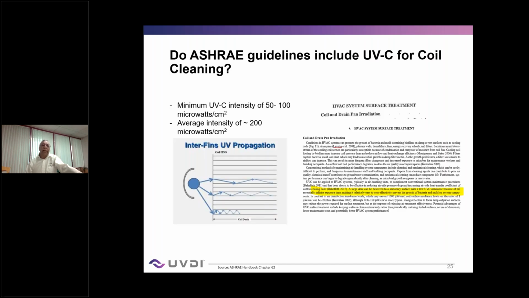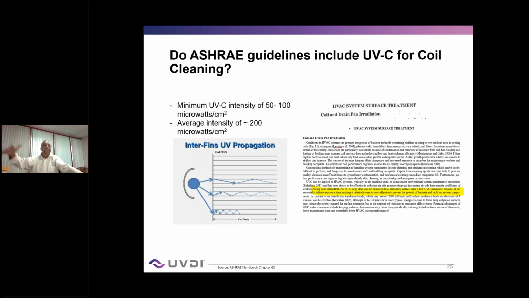So what are the ASHRAE guidelines? This is an excerpt from the handbook, chapter 62 in the systems and equipment chapter, where the recommendation is to have a minimum intensity of 50 to 100. What we recommend is you need that minimum anywhere on the coil surface, and you should have an average intensity of 200 microwatts.